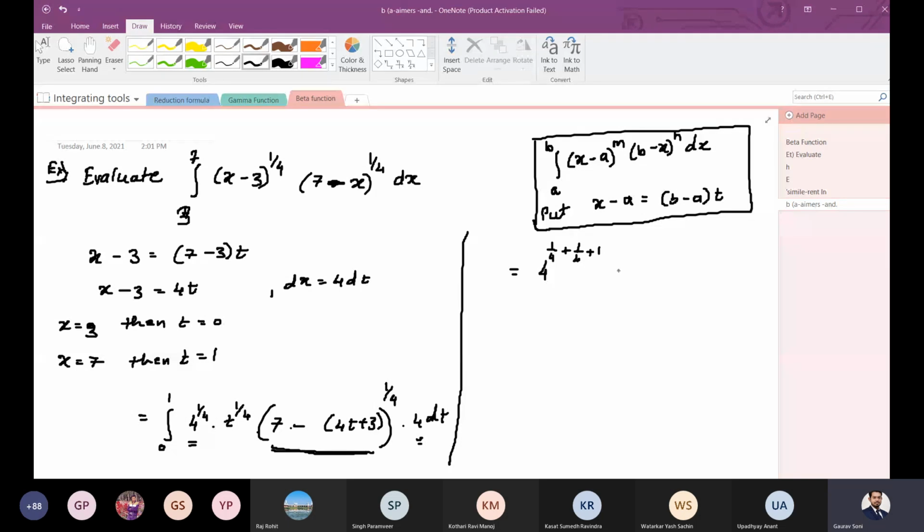Then integration 0 to 1 of t raised to 1 by 4, the second bracket you will get (1 minus t) over there, raised to 1 by 4 dt. So this is 4 raised to 2 by 4, which is 1 by 2. This is 3 by 2. Integration 0... what is this?